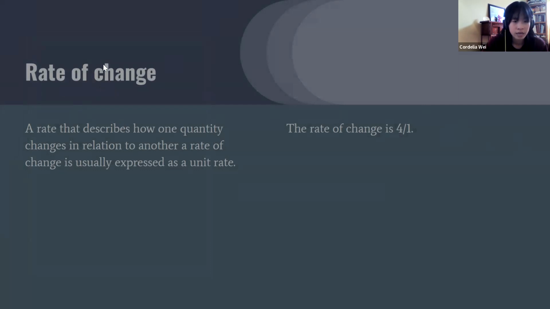A rate of change is a rate that describes how one quantity changes in relation to another. It's usually expressed as a unit rate. Like I said with the rate, it's just how long the line goes. So a rate of change is just 4 over 1, which means 4 up and then 1 to the side.